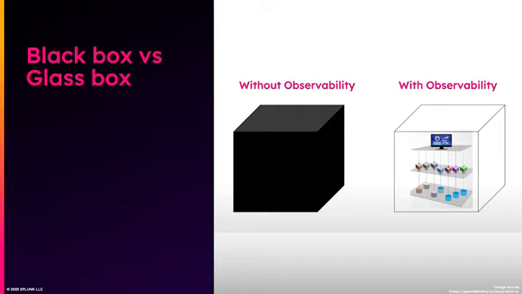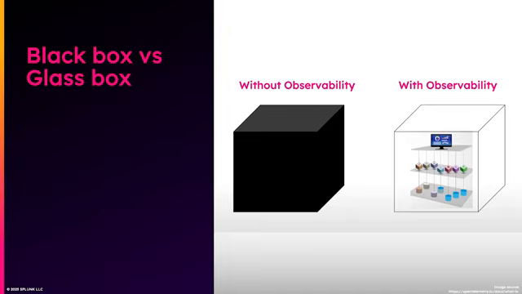This is a very beautiful picture which shows us how it looks without observability and with observability. This is a complete black box without observability. But when we implement OpenTelemetry in our LLM application, we can see that the traces and the dashboards are clearly visible, like a glass box.